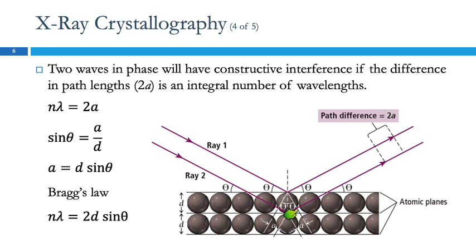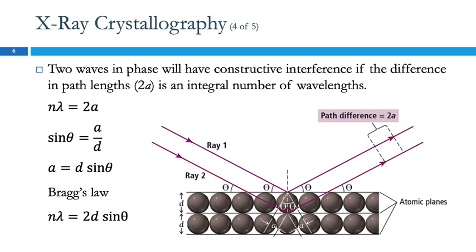When the extra distance that ray 2 is traveling is equal to an integral number of wavelengths, then when they come out again, they will also be in phase, and you'll have constructive interference.